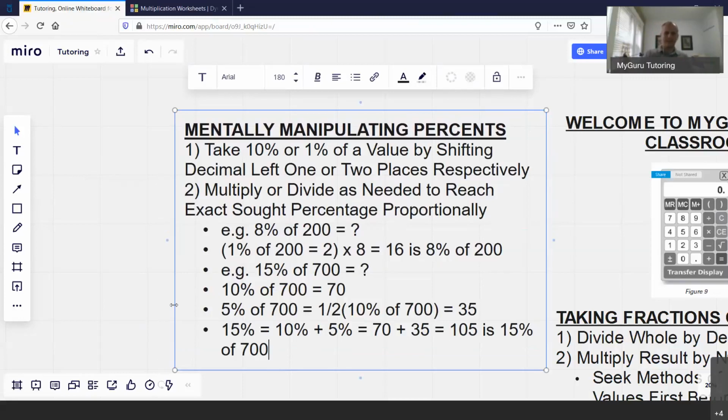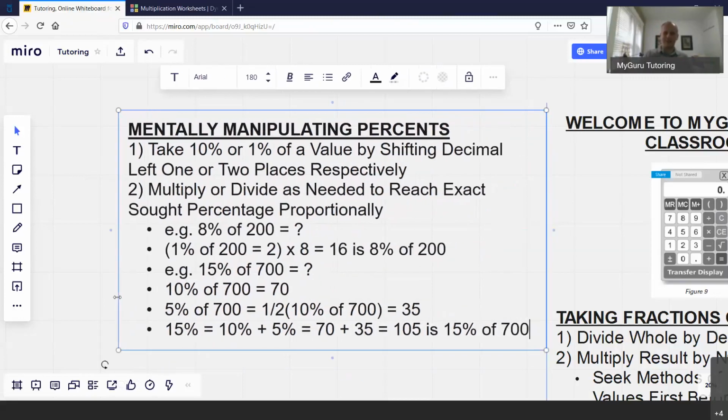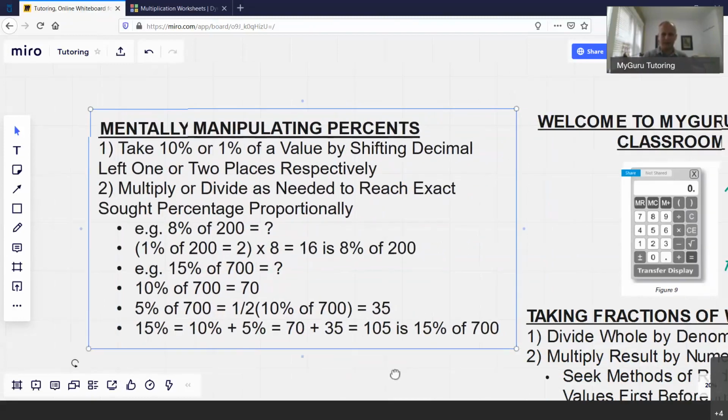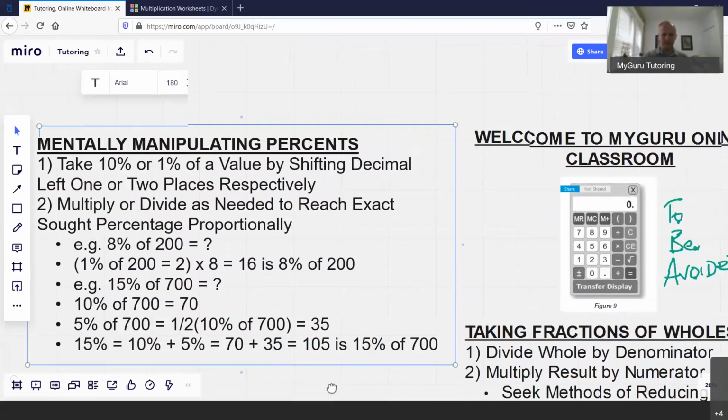And so that's how you can mentally manipulate percentages. And if you practice the mental manipulation of the percentages, you'll quickly eliminate the need to go into our friend the calculator, because he is, again, to be avoided.